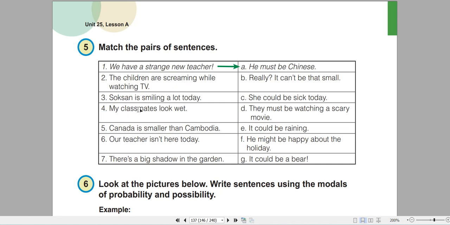Number three, Soksan is smiling a lot today. Number four, my classmates look wet. Number five, Canada is smaller than Cambodia. Number six, our teacher isn't here today.